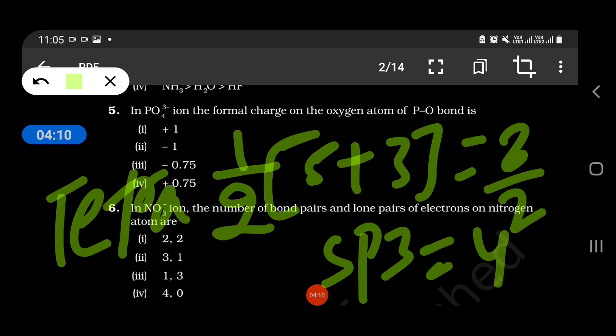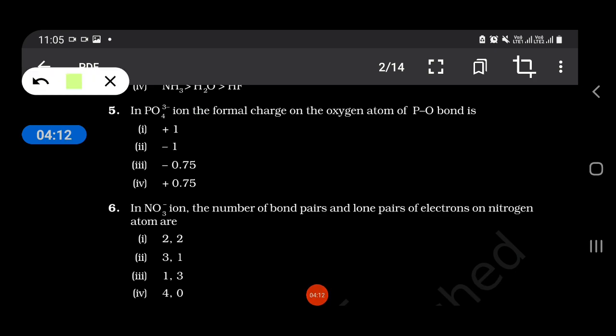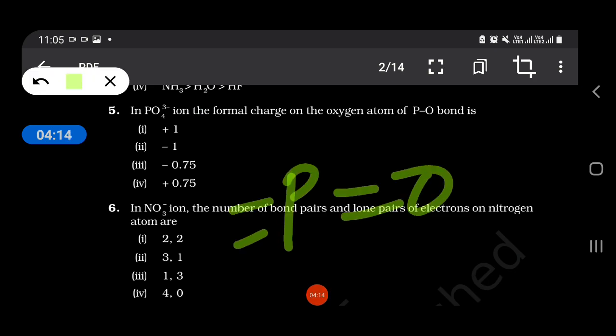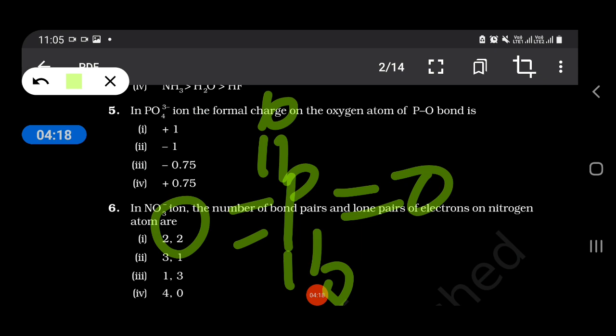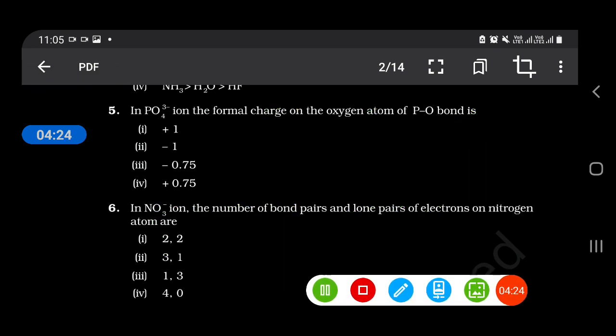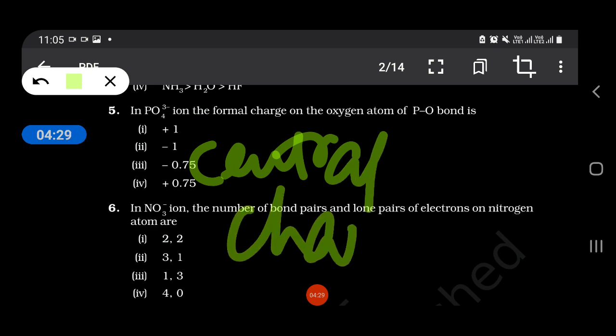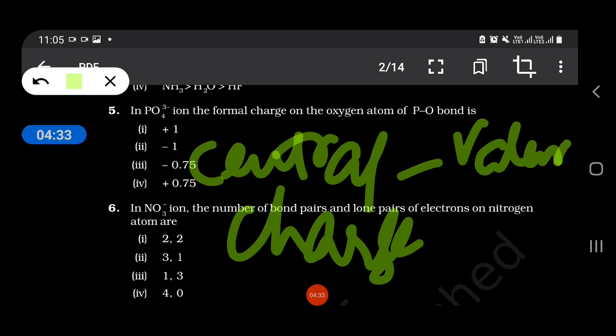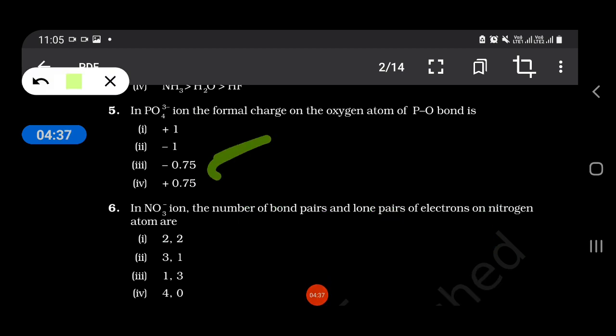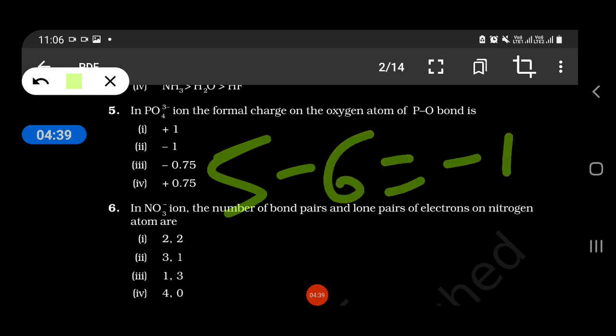And what we are going to do is like this: P double bond O, double bond O, double bond O and double bond O. But what happens is that you can see 6 minus 5. Okay, what we will do is central atom charge minus the peripheral atoms valence electrons. So it comes to be 5 minus 6, that is minus 1.